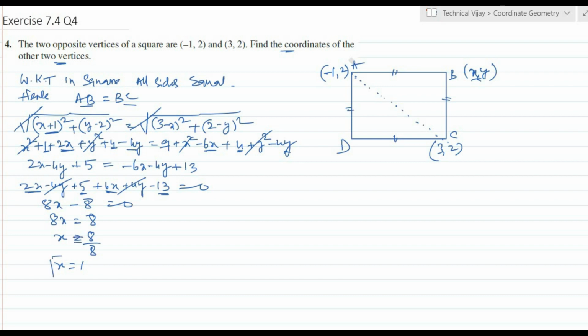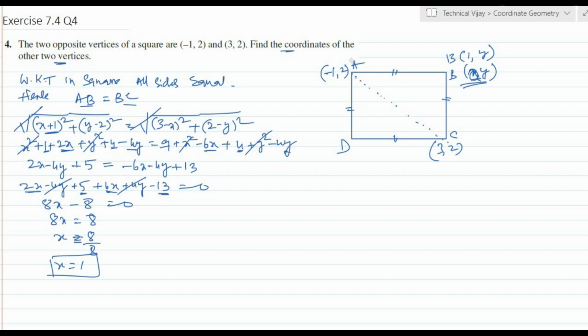So here at least we got B, that is (1, y). The x coordinate we got. Now diagonal length we can also calculate.